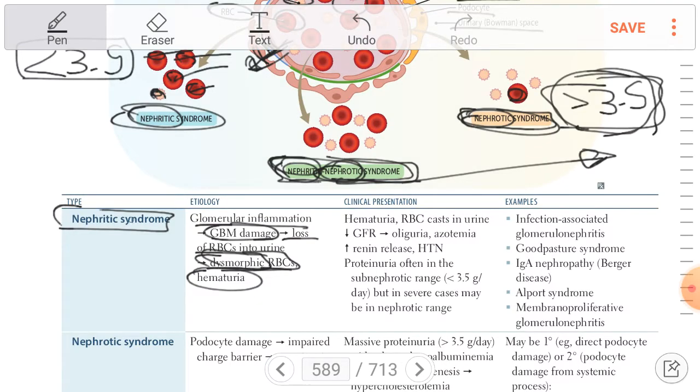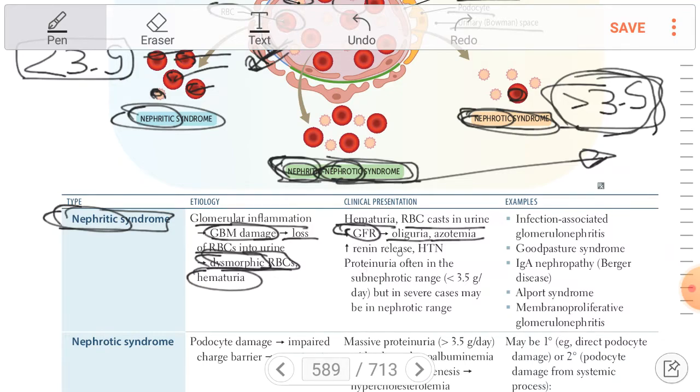So in nephritic syndrome there is what? There is hematuria and RBCs cast in the urine, leading to what? Decrease the glomerular filtration rate, which will lead to what? Oliguria, azotemia. So in case of decrease the glomerular filtration rate, there is a stimulation of what?